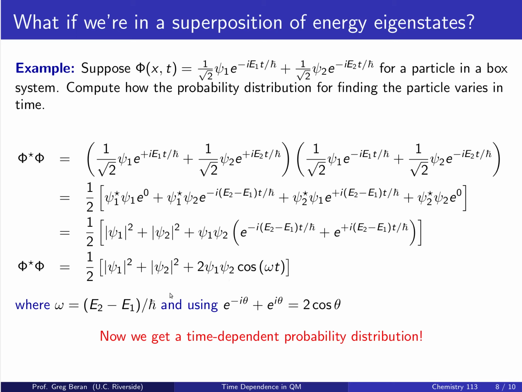In this case, it looks like psi 1 times psi 2 times a cosine omega t. And the frequency of these oscillations has to do with the energy difference between the two states, E2 minus E1, divided by h bar.